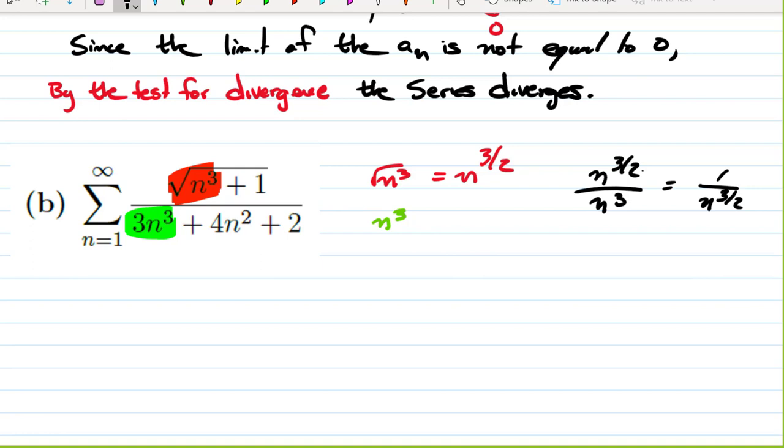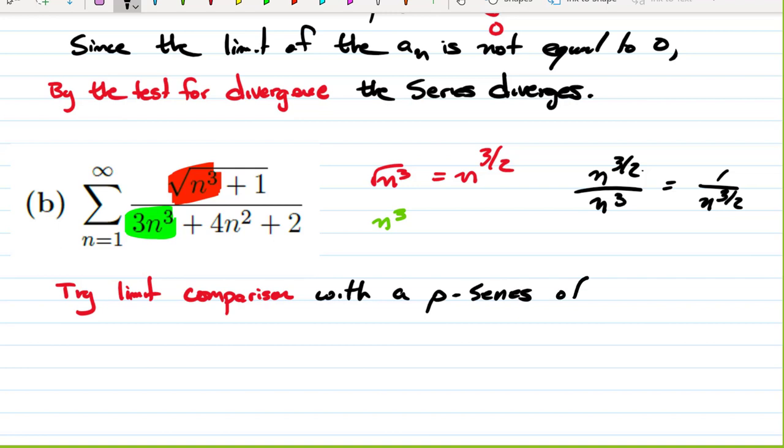So the order of this ratio is going to be about 1 over n to the 3/2. So what we would want to do is try limit comparison with a p-series of 1 over n to the 3/2, which was the order of the ratio.